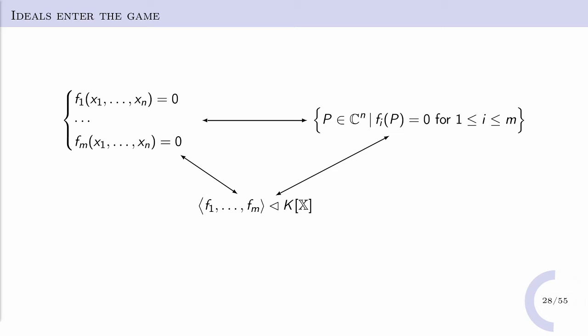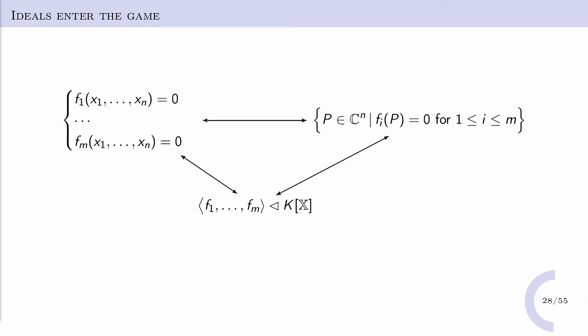So f times g also vanishes at P. If f vanishes at P, then f times anything vanishes at P. This is precisely the notion of the ideal.